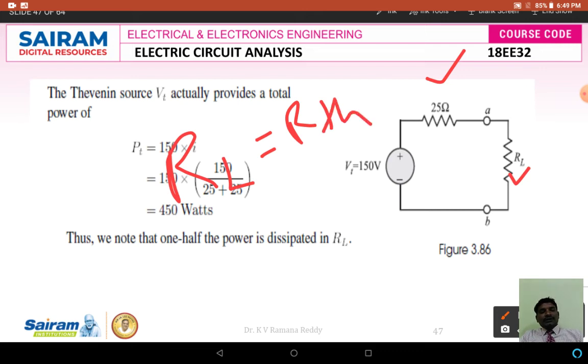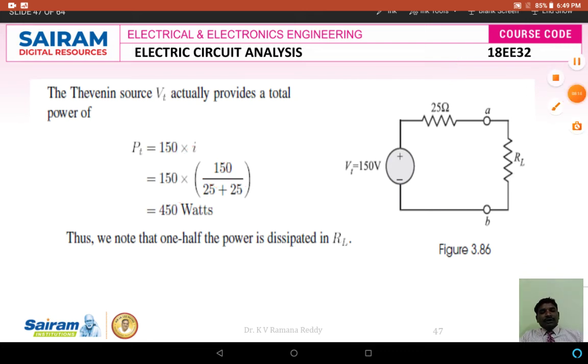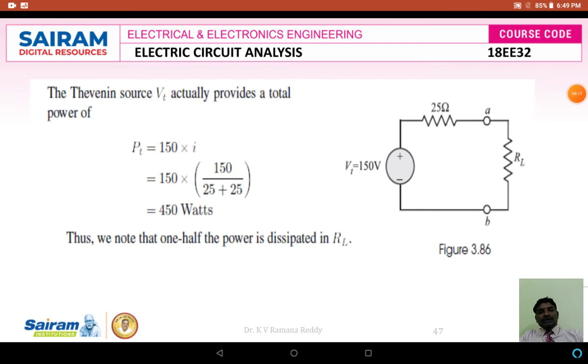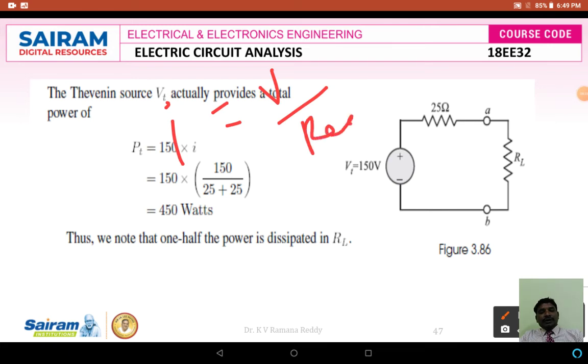Therefore from this circuit I can find out the current I. What is the current I from this circuit? I is equal to V by R equivalent. What is V? V means here Thevenin's voltage VTH. What is the R equivalent value? R equivalent is nothing but RTH plus RL.